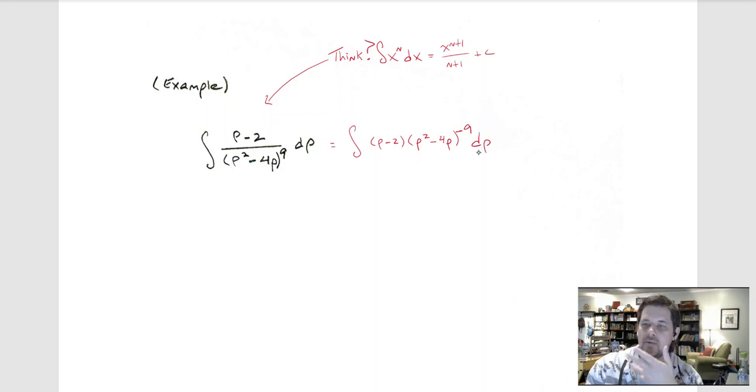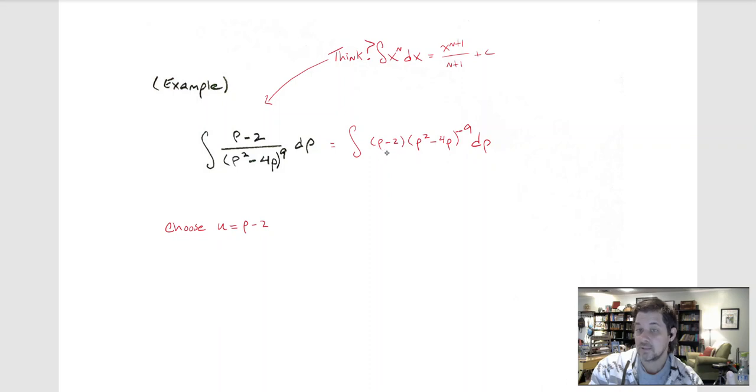Okay, now we choose some aspect of this to be our substitution, right? So I've got to choose what the substitution is. I'm going to introduce this variable u, and I'm going to let that be substituted into the problem. But it has to be done in a way that this reduces to that. So you might think, there's lots of stuff here. What do I choose? I could choose p minus 2.